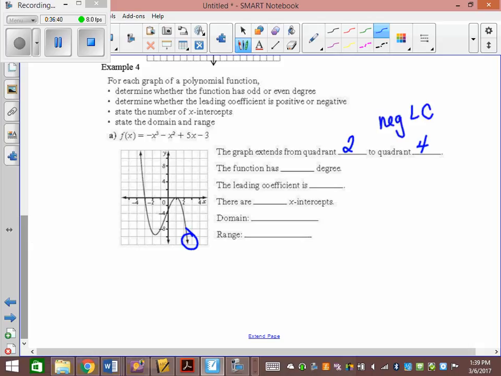The function has blank degree. What degree is that? Degree 3, because it makes that little S shape. The leading coefficient is negative, and in this case, -1. There are how many x-intercepts? 2.